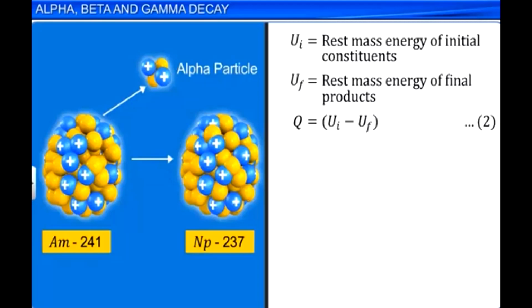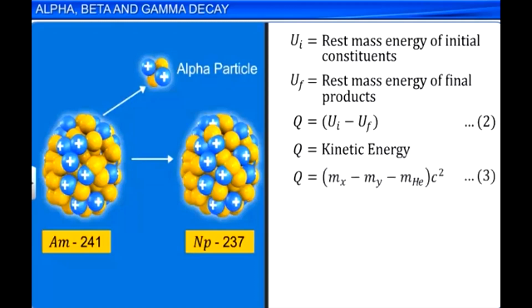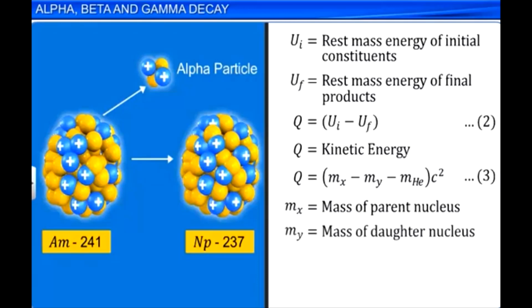Thus, the Q value of an alpha decay can be expressed as Q = (mx - my - mHe)c². Here, mx is the mass of the parent nucleus, my is the mass of the daughter nucleus, mHe is the mass of a helium nucleus, and c is the velocity of light. Let this be equation 3.